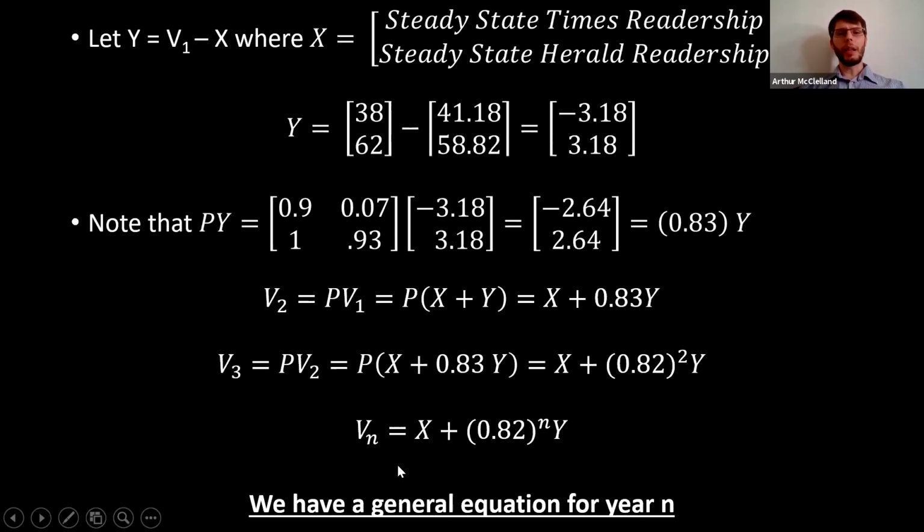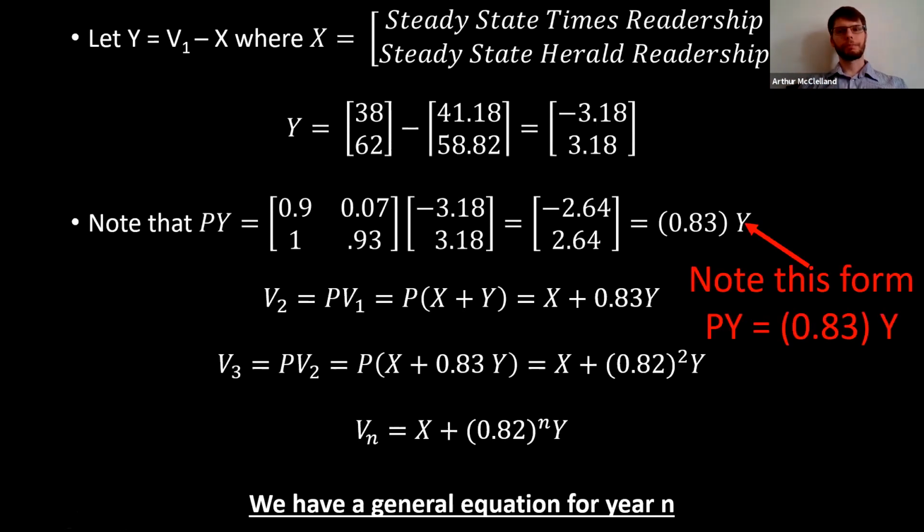And so we end up with a general equation. For year n, we're going to have x plus 0.83 to the n y. So we have a general equation now. And we got this general equation through this sort of unique properties of these matrices. So pay attention to this form, Py equals 0.83y.